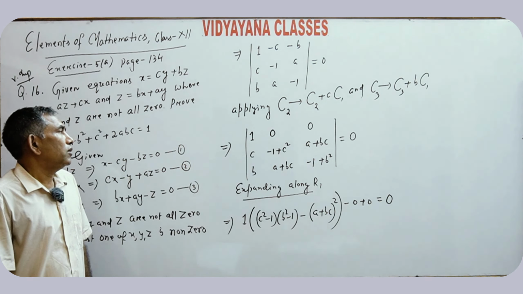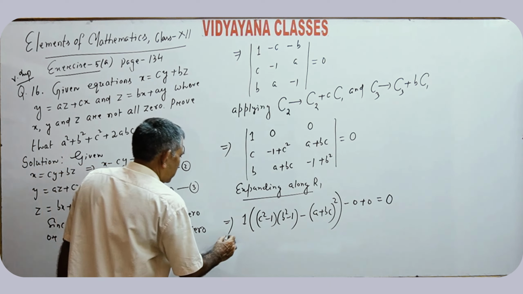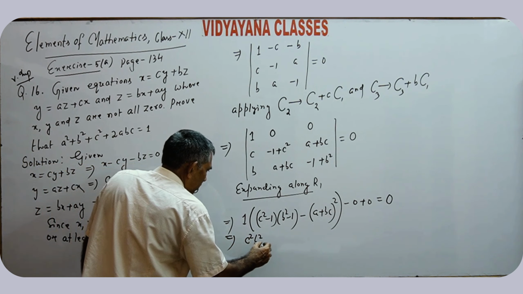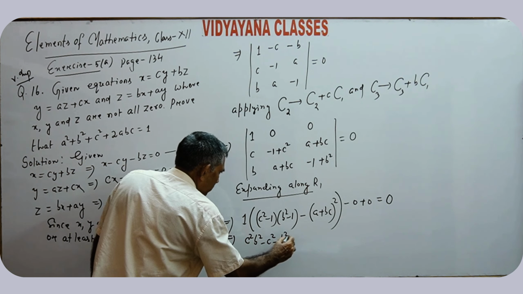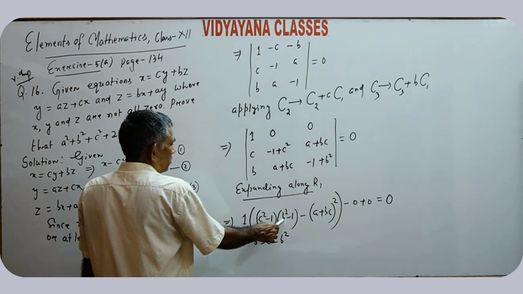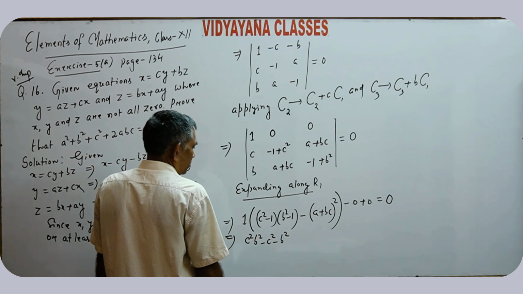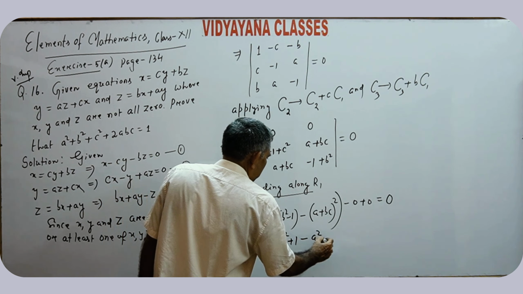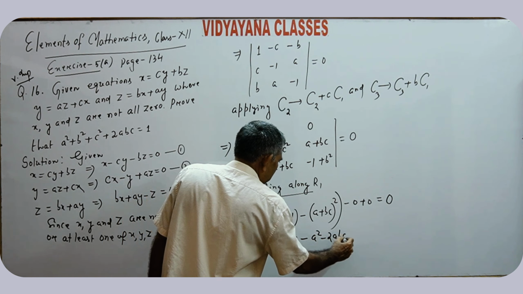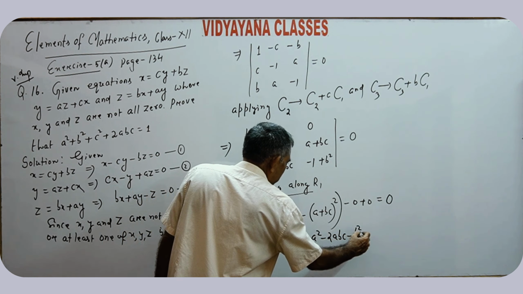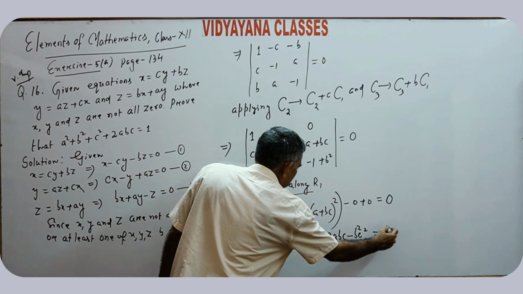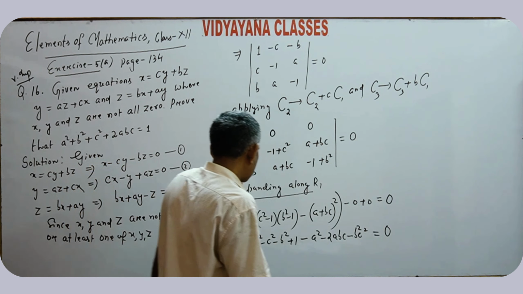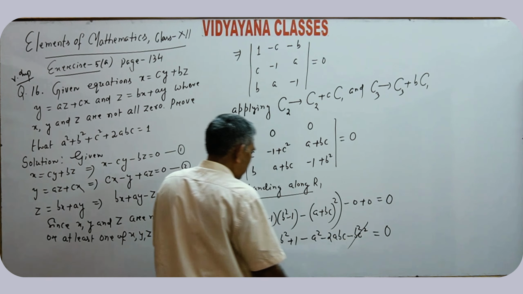Expanding along row 1, which implies C square B square minus C square minus B square plus 1 minus A square minus 2 times of ABC minus of B square C square is equal to 0, which implies B square C square cancel.